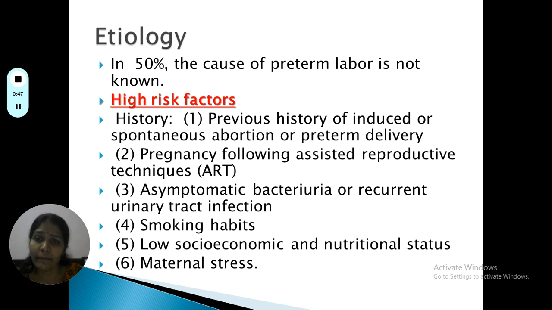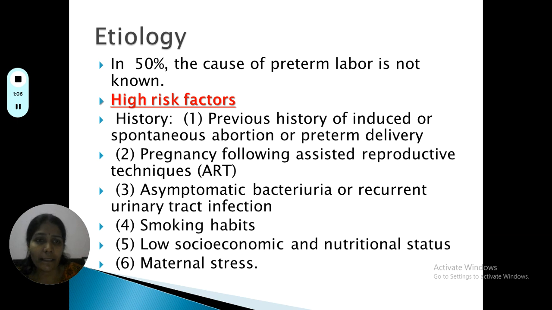So what are the high risk factors? Based on the history, the high risk factors are previous history of induced or spontaneous abortion or a preterm labor, which will give you the idea that there might be some cervical incompetence that is leading to preterm labor.